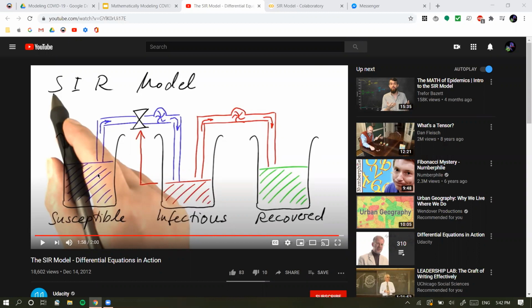So if you think about it, when a susceptible person, like you or me, comes into contact with an infected person, like in the grocery store, there's a certain chance that the susceptible person is going to become infectious. So the higher that chance, or the higher the number of infected people out there, then that means a higher rate of change of people becoming infected.